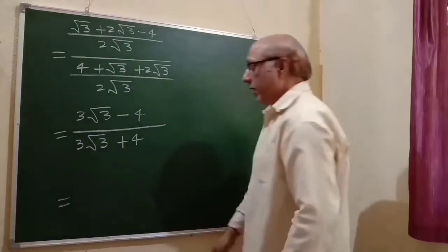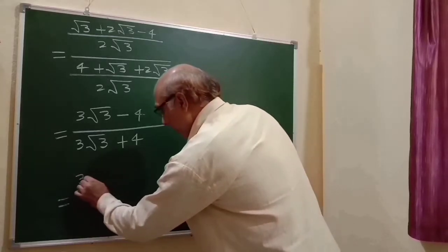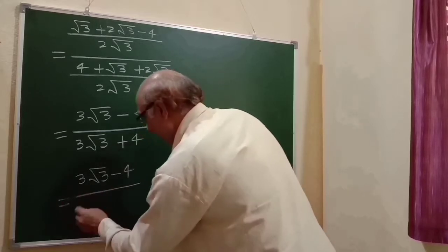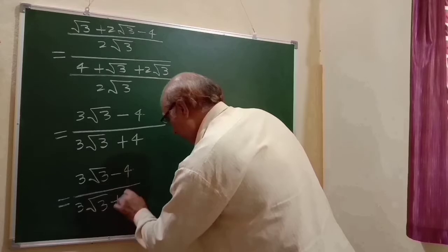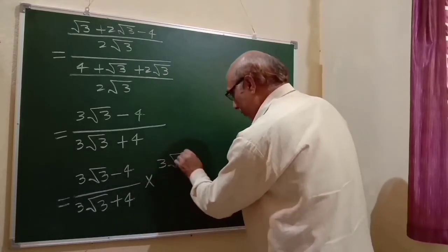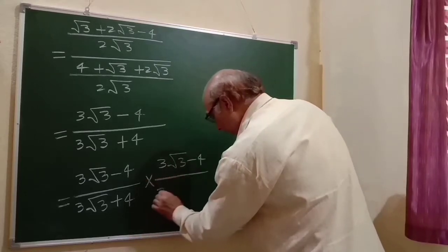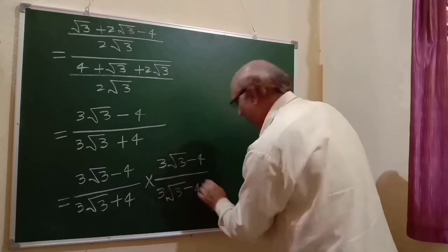Here rationalizing the denominator, we get (3 root 3 minus 4) by (3 root 3 plus 4) into (3 root 3 minus 4) by (3 root 3 minus 4).